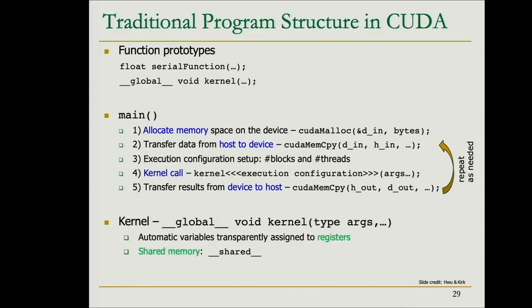We will declare __shared__ and then an array of a certain size, in the same way as we do in C. And inside one block, if we want to synchronize, we will use this __syncthreads.